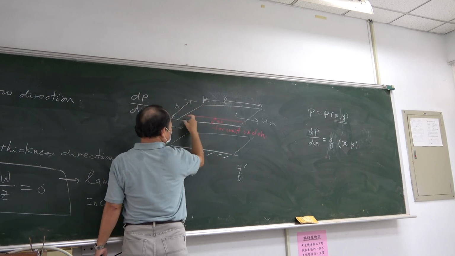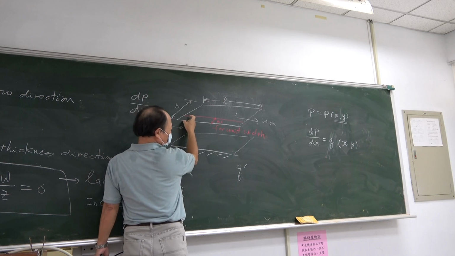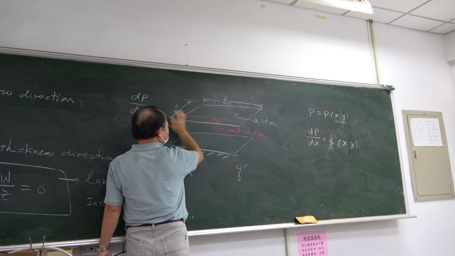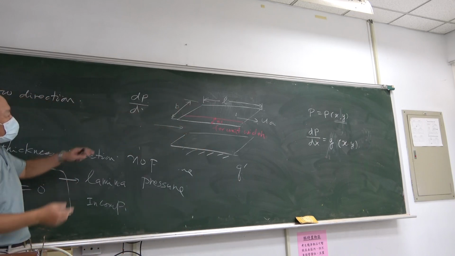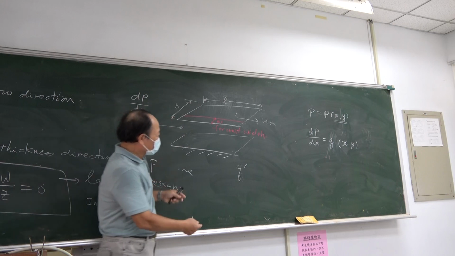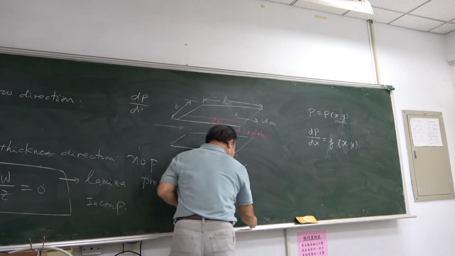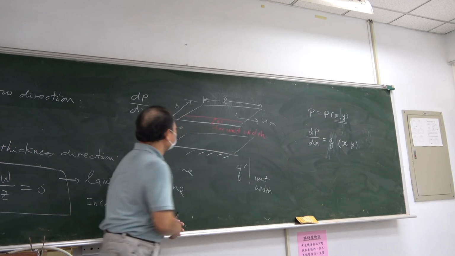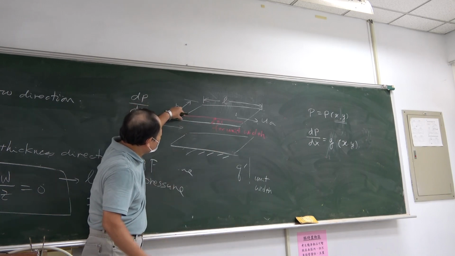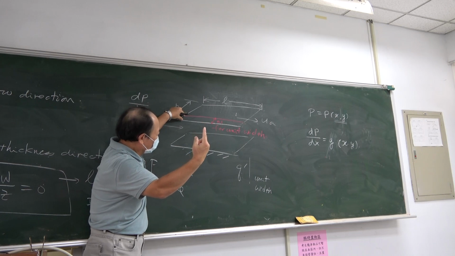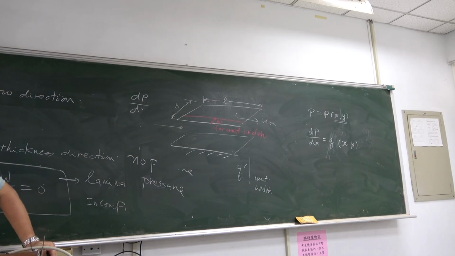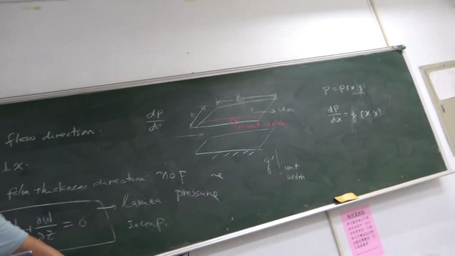But now we define Q prime for the unit width rather than the B width. So unit width means one unit in the B direction.